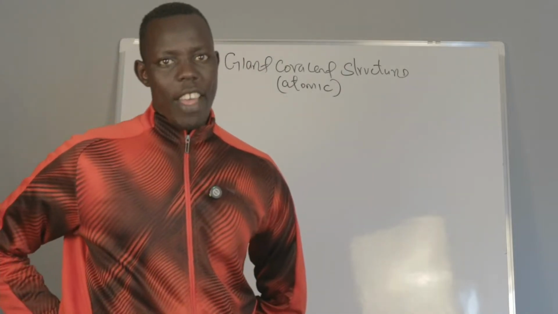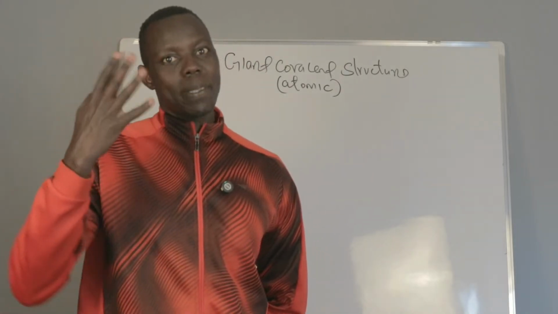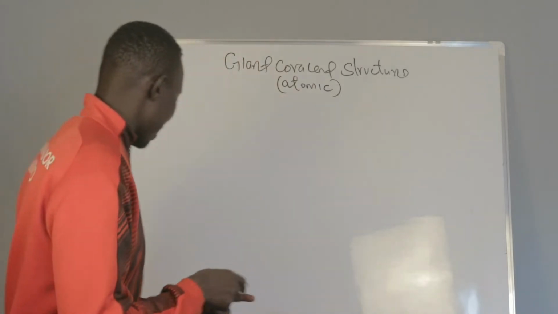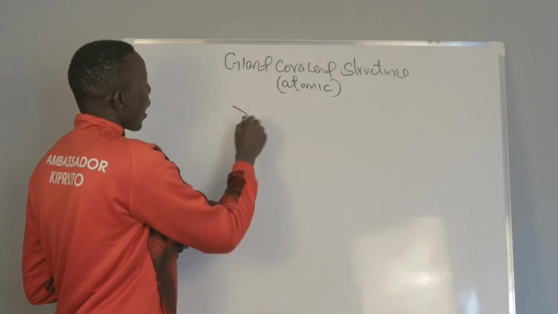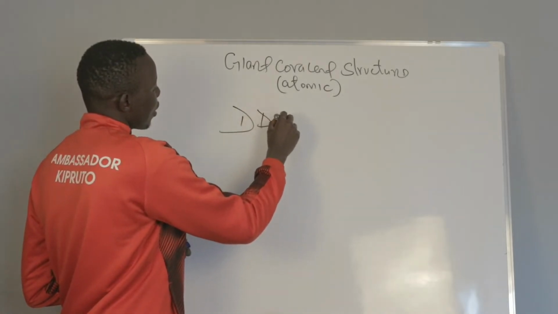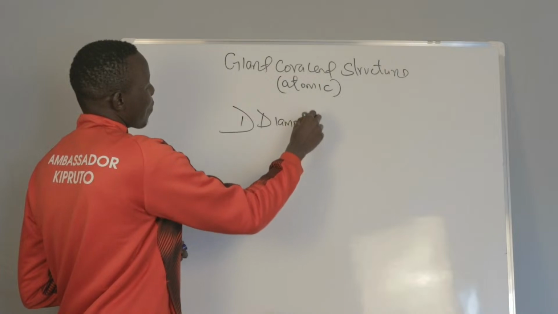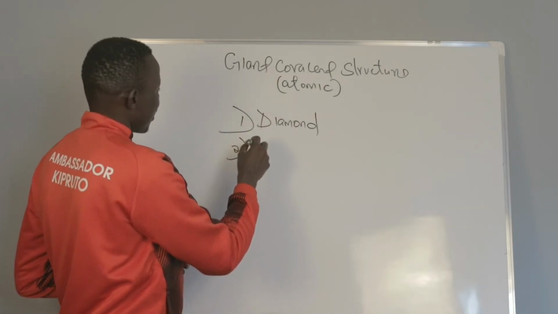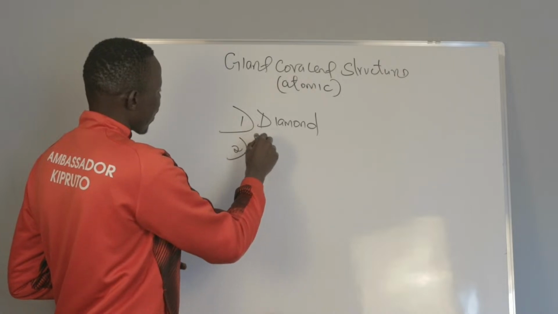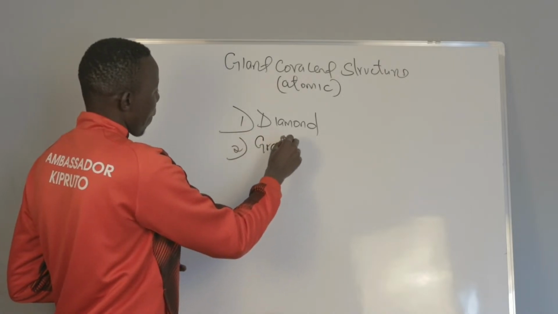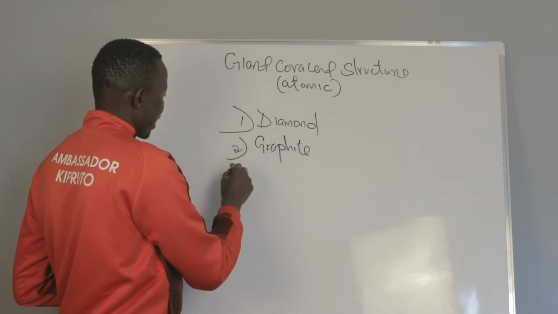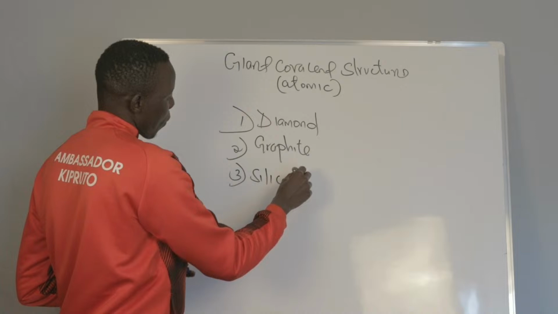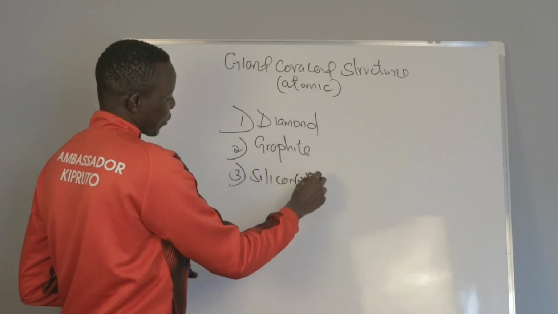And there are 3 substances which have giant atomic structures. I will name them here. Number 1, we have diamond. Number 2, we have graphite. Then number 3, we have silicon 4 oxide.